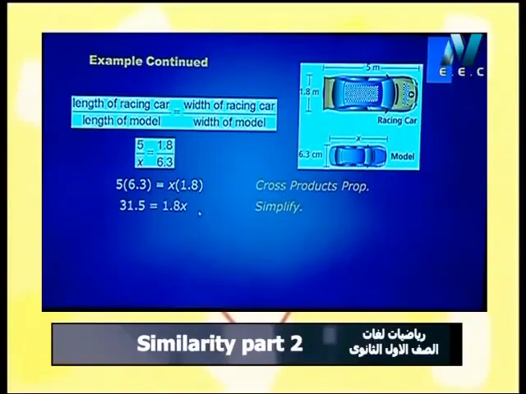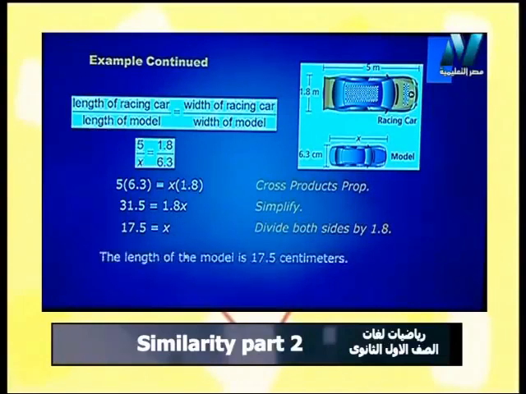Simplifying, 5 multiplied by 6.3 equals 31.5 and x multiplied by 1.8 is 1.8x. So we divide both sides by 1.8 and get 17.5 equals x, or x equals 17.5 centimeters. So the length of the model here equals 17.5 centimeters.